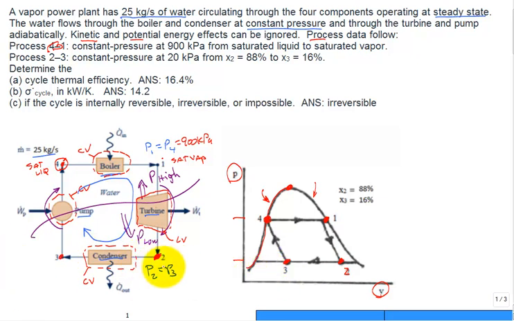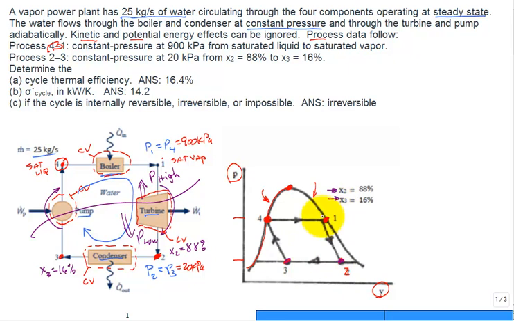So at state 2, they're telling us that it's 20 kilopascal, and the quality at state 2 is 88%. And the quality at state 3 is 16%. So both states 2 and 3 are inside the dome, and the qualities are given.